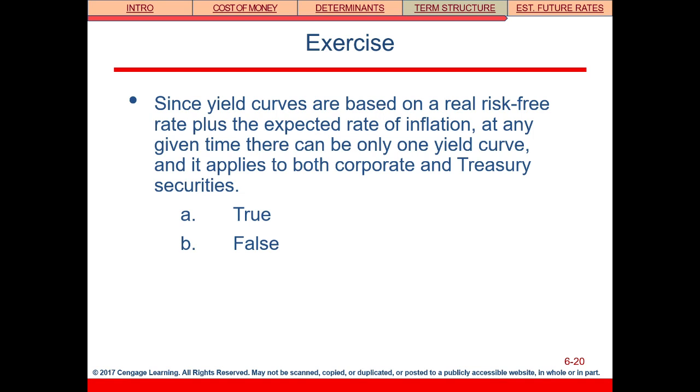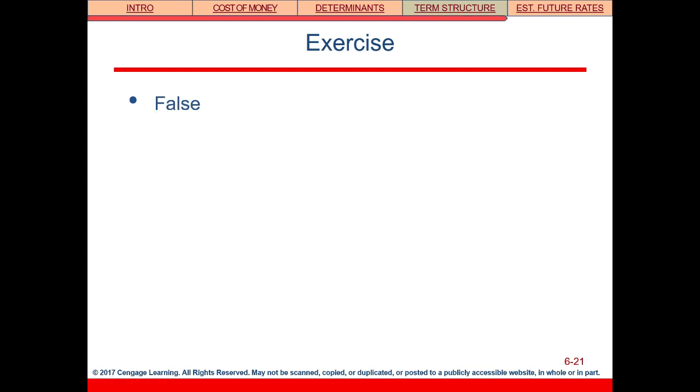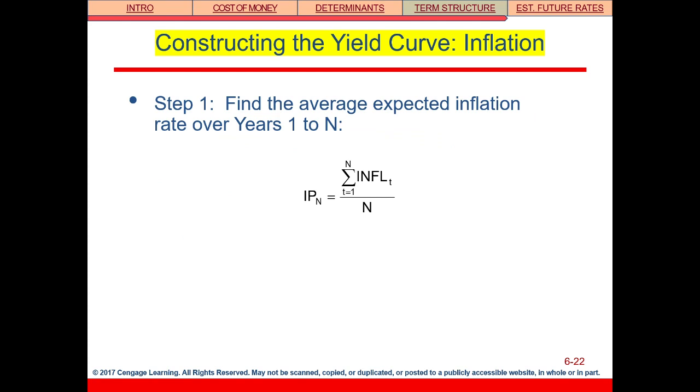So there are still other variations, and therefore it's not just one yield curve that applies to both securities. There are many yield curves for different types of securities. So this one is false. Okay, I'll stop it here and I'll leave the rest for the next class.